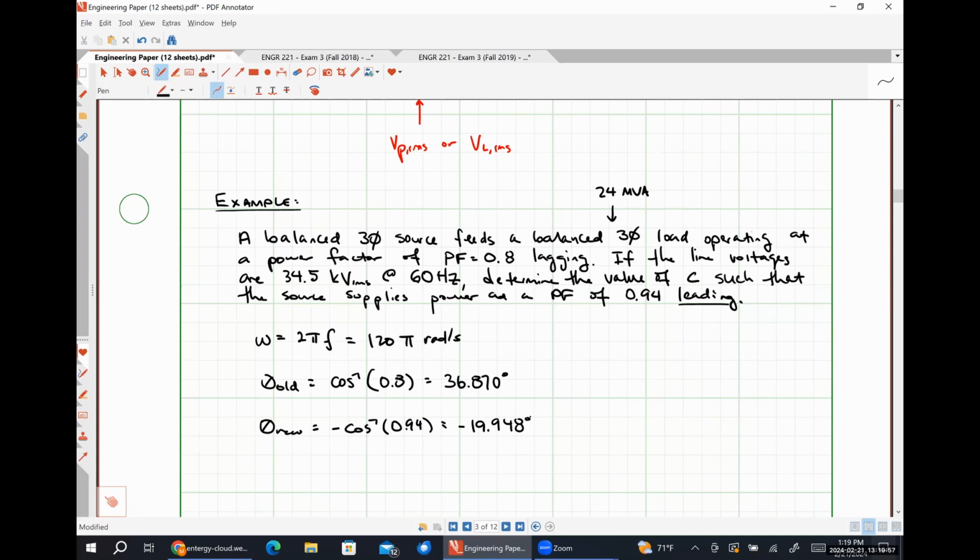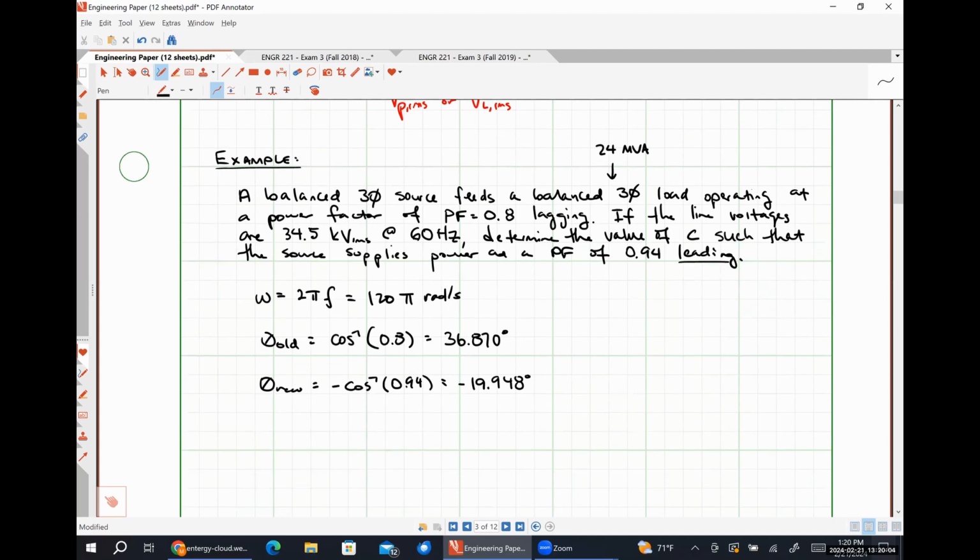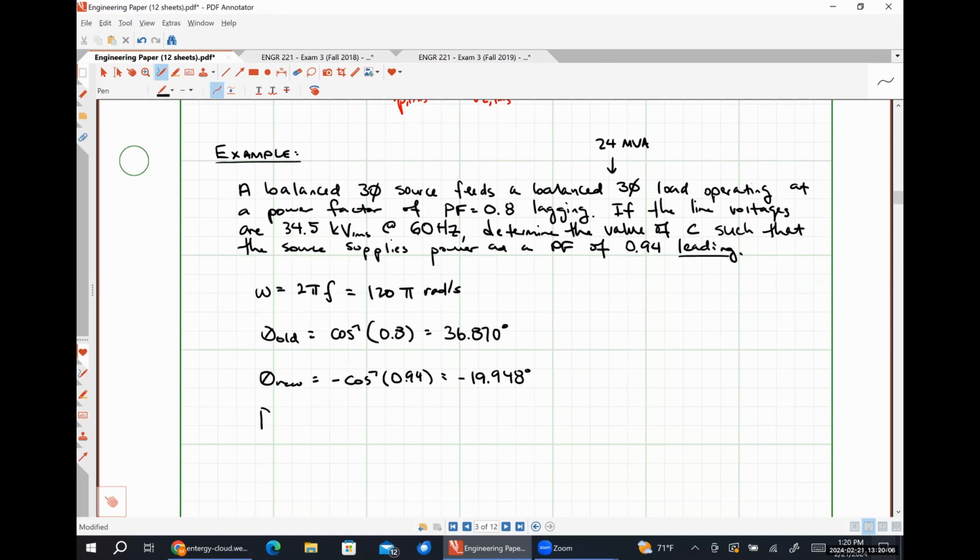Power factor and apparent power. Sure. Right. So P old should just be my apparent power times my power factor.